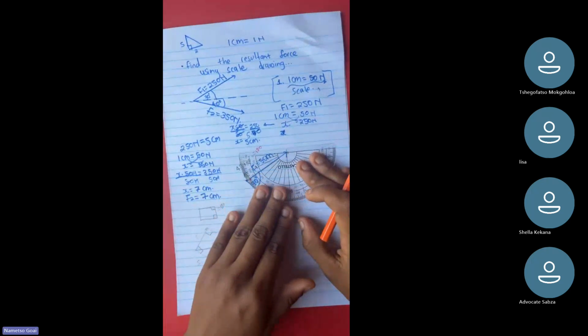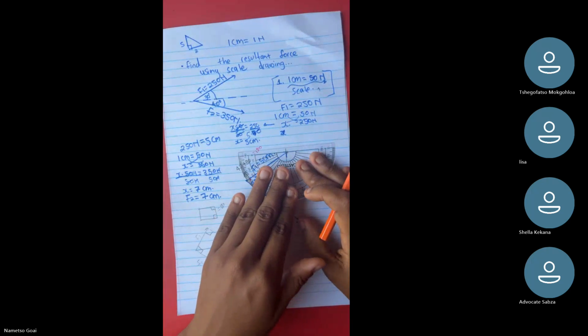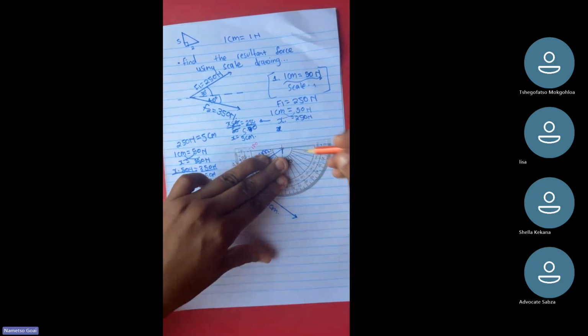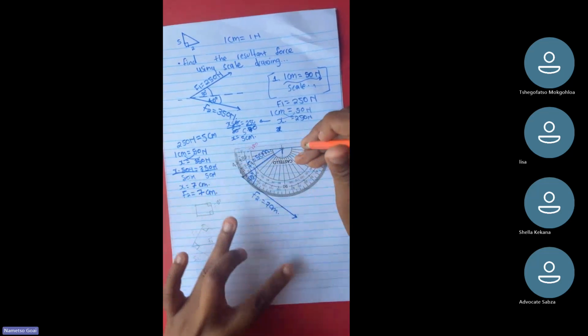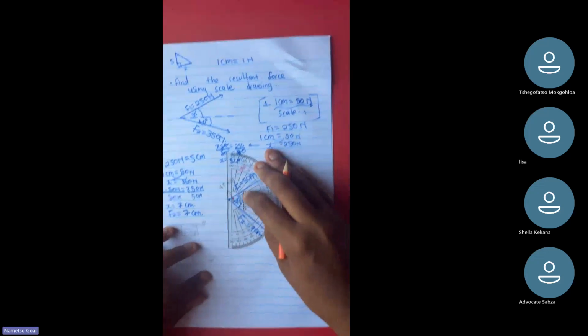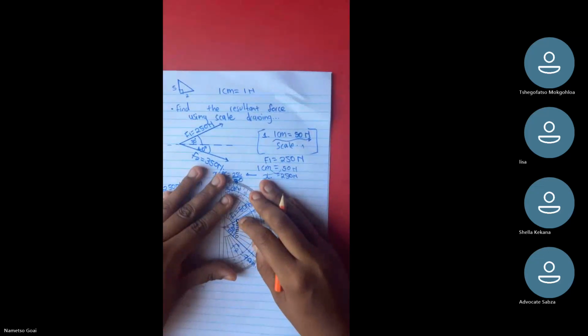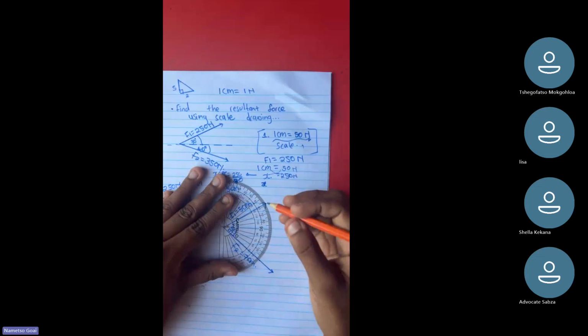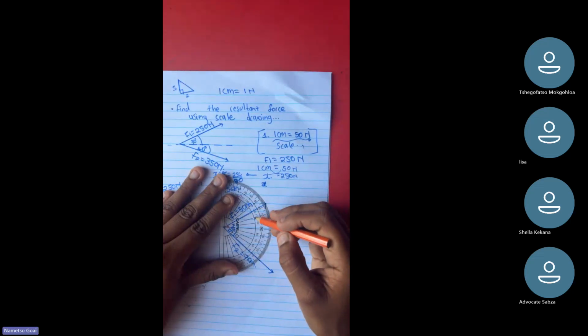You have your thing over here. Okay, let's look at where our... Did I draw this accurately? Let me just see. Wait, no, let me just check. One, two, three.